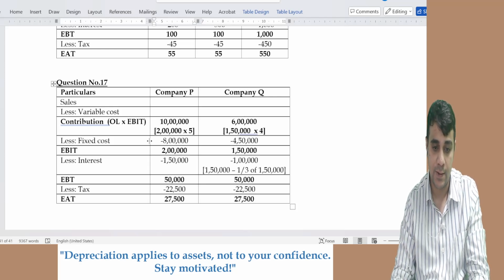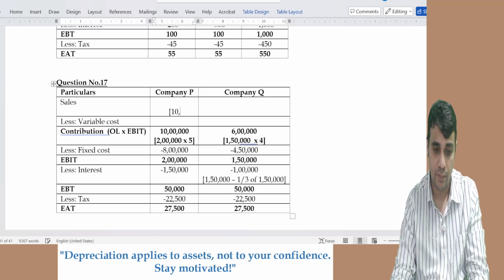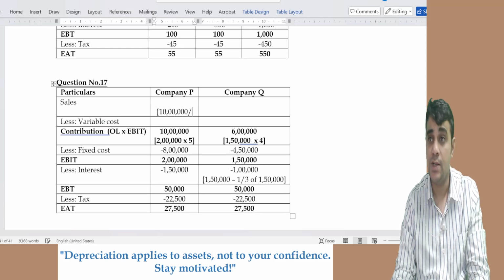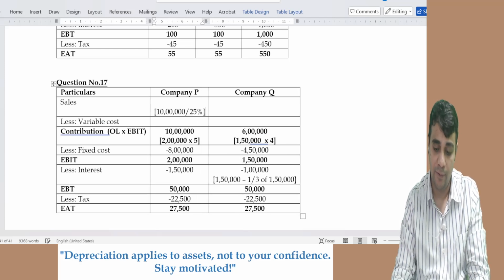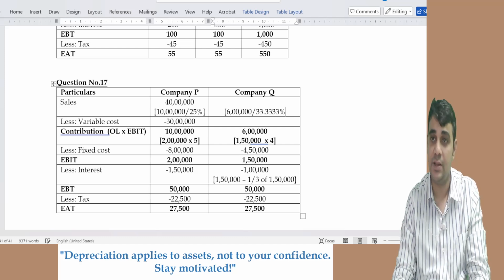Variable cost: the PV ratio is given. What is the PV ratio here? So 10 lakh divided by 25% of sales, 40 lakh. And second company 6 lakh, it's like 33.33 percentage.